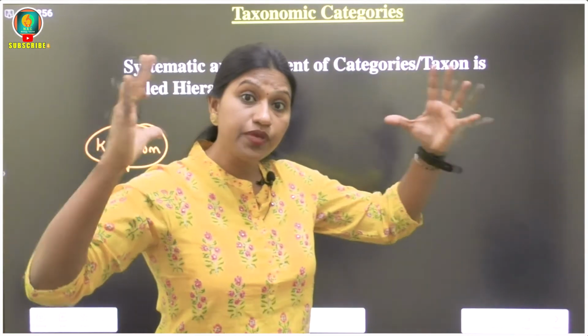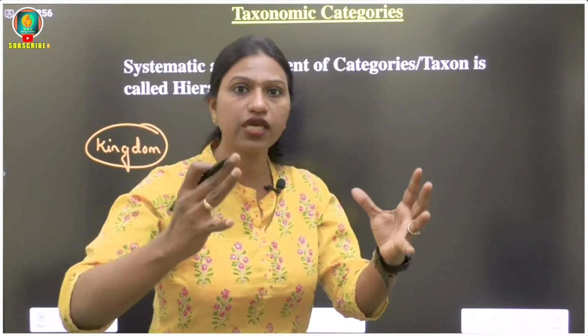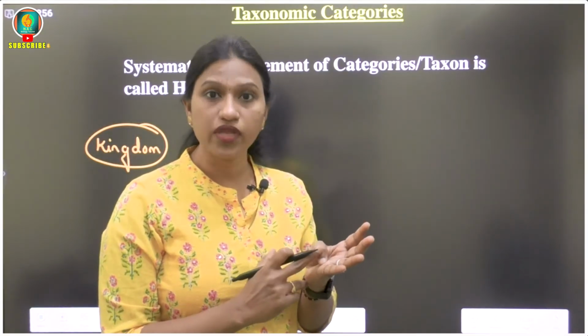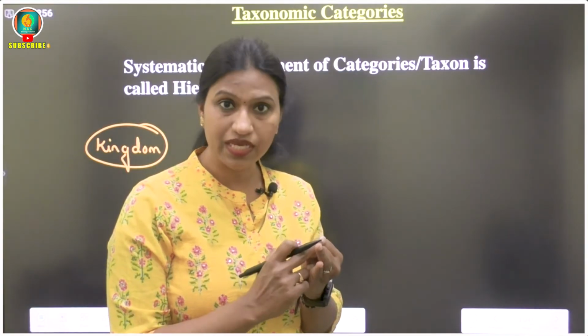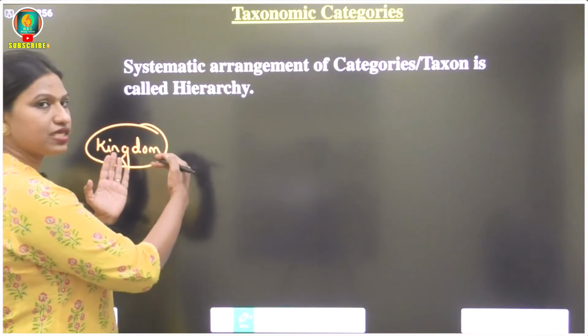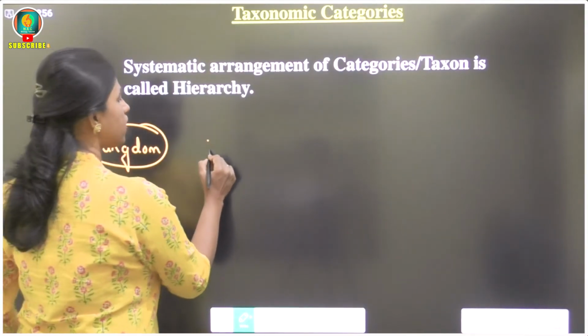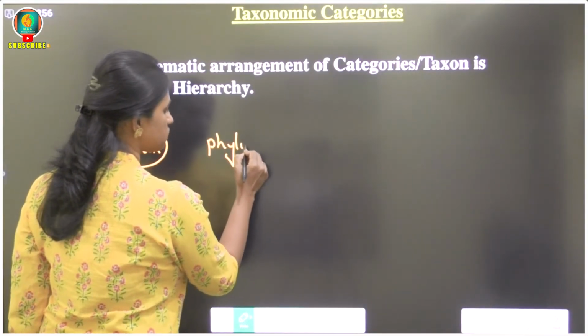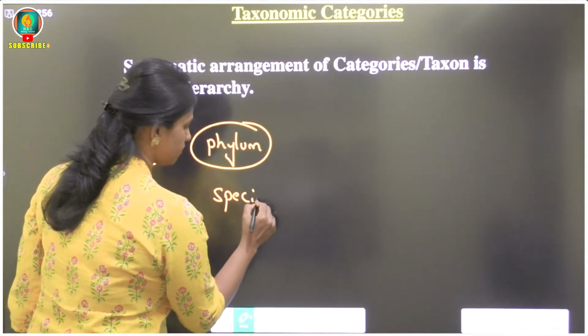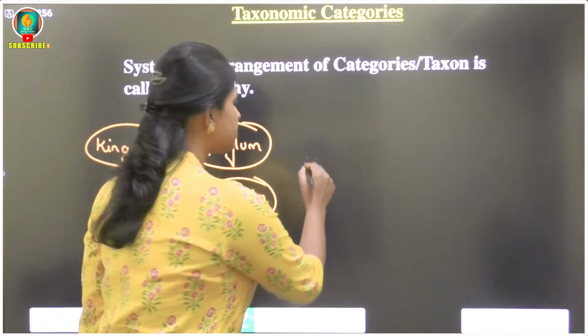It is a very big category where a large number of organisms are placed, like Kingdom Monera, Kingdom Plantae, Kingdom Animalia. There is one more category, less than the kingdom, which we call a phylum. Phylum is a category. Species is a category. Then genus is a category.